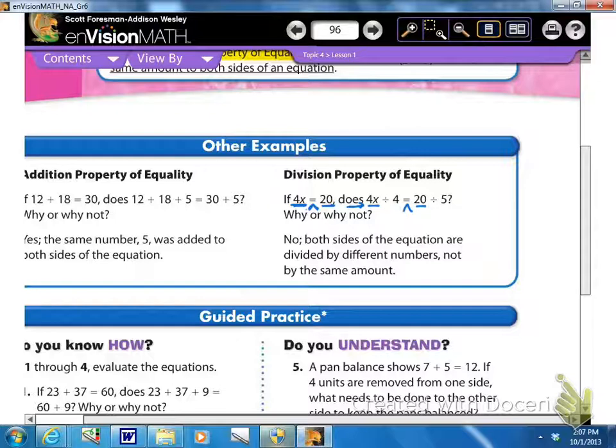Well, let's look at this again. On the left side now, we've divided by 4. But on the right side, we've divided by 5. Because we have not divided by the same number, this is no longer going to be an equal equation. This is not going to work. So both sides have to be divided by the same number.